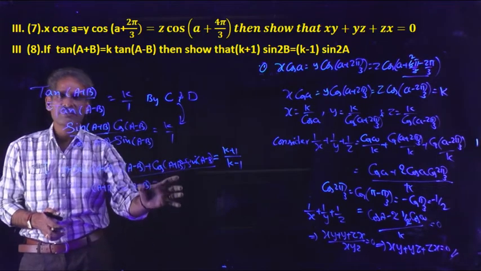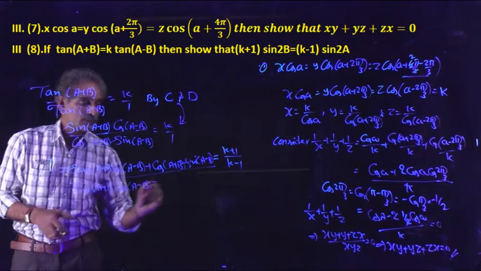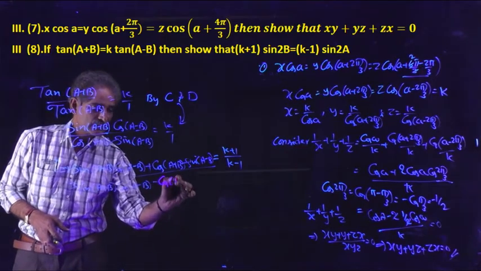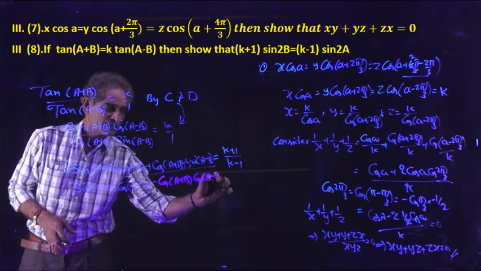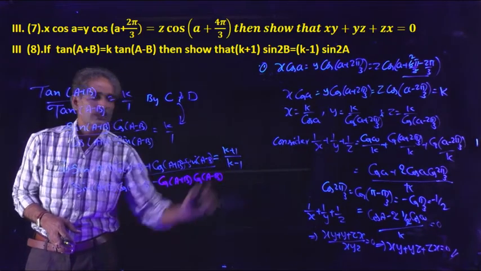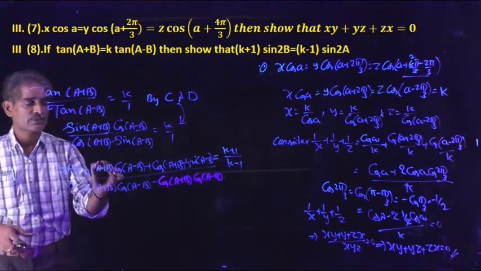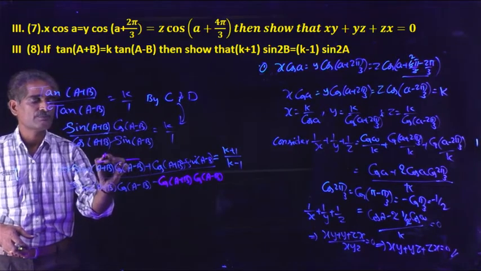The remaining functions are the same. So cos(a+b)cos(a-b) is equal to (k+1)/(k-1). Just observe that. Let's consider this equal to a, this equal to b.